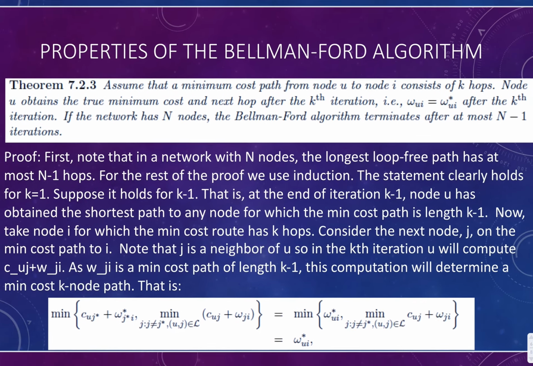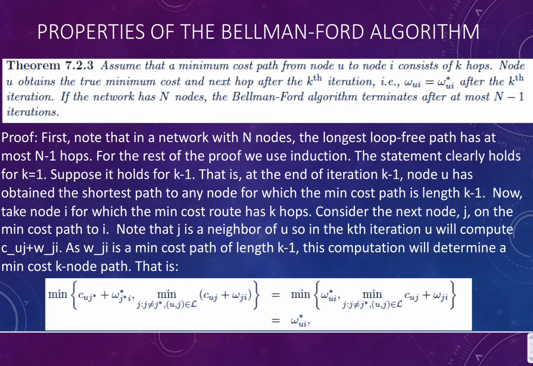Okay, now the algorithm terminates after at most n-1 iterations. Why is that? Let's state it formally. Suppose that a minimum cost path from node U to node I consists of k hops. It is quite easy to prove that node U obtains the true minimum cost and the next hop after the kth iteration.